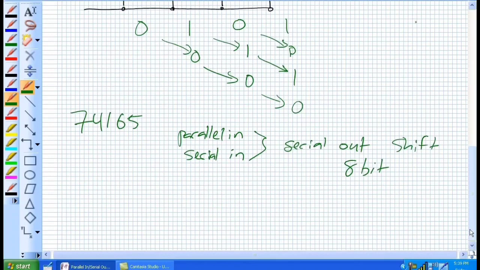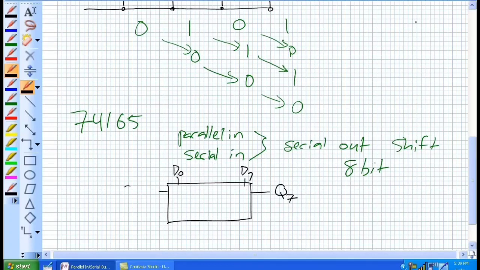And ultimately, what that guy looks like. That's your ins. It's a serial out. So there's only one out. It's got that shift, active low load.